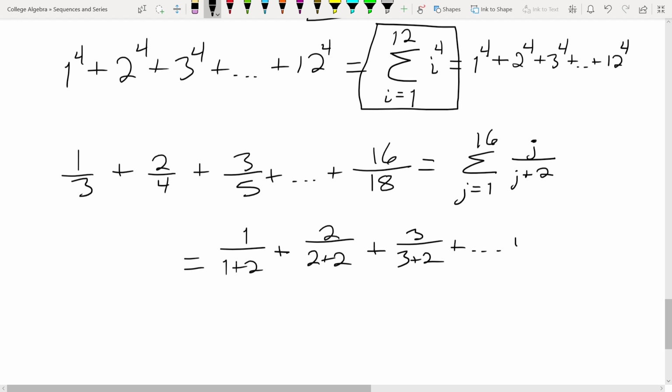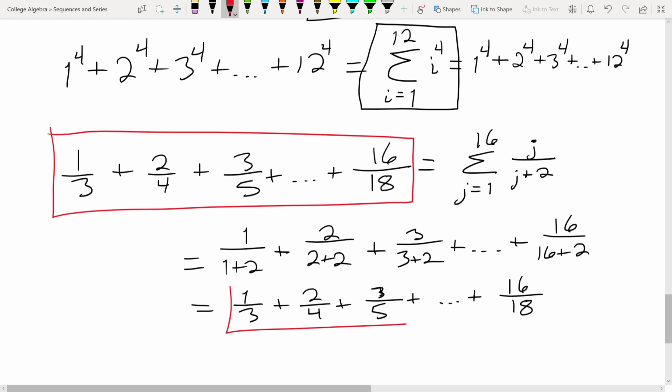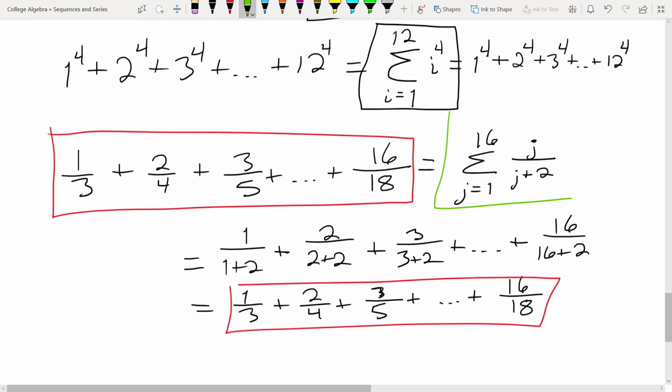Then I'm going to just draw dots and go to the last one when j is 16. We get 16 over 16 plus 2. Now let's simplify this. We get 1 over 3 plus 2 over 4 plus 3 over 5 plus all the way on up to 16 over 18. And those are in fact the exact same series, which means our condensed form is correct.